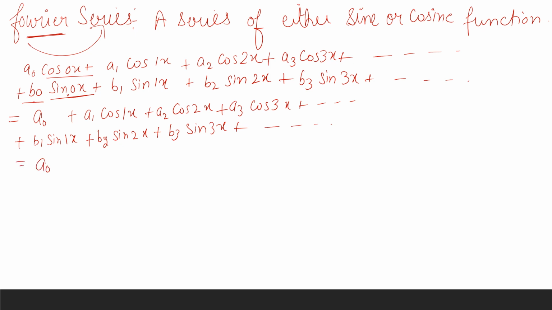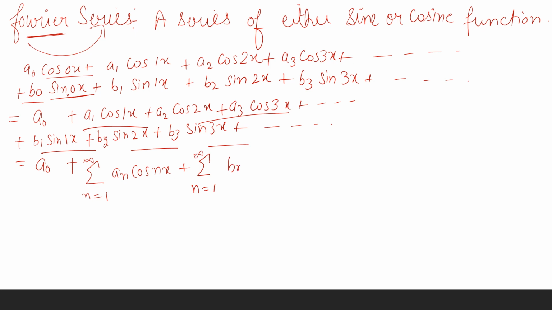Now when we add a0 and give a representation to this series, it is summation n equals 1 to infinity of an cos nx plus summation n equals 1 to infinity of bn sin nx.